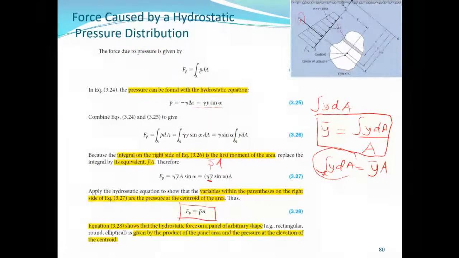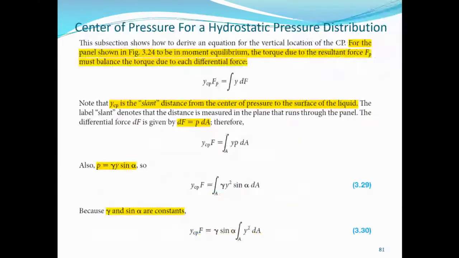And what we're saying is, when we take moment about point O, the moment is going to be force times distance. Fp is the pressure force times the distance YCP. This is equal to the moment due to the individual elements, which is Y dF.